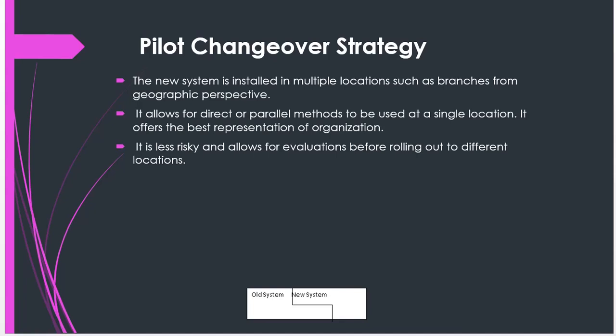When you're satisfied with how the system is performing in those 3 branches, you can then cut over and roll it out to all the different locations. Whilst you're using the pilot changeover strategy, you can also use the pilot and direct methods within it.